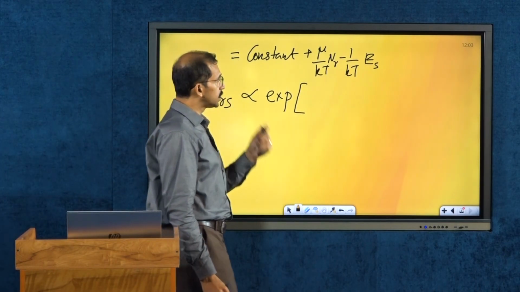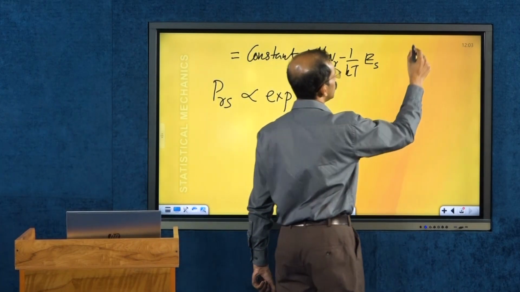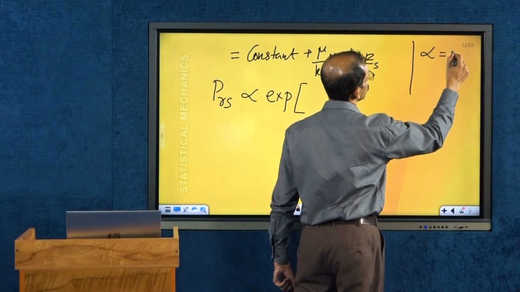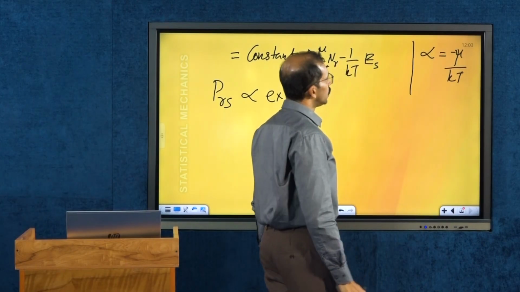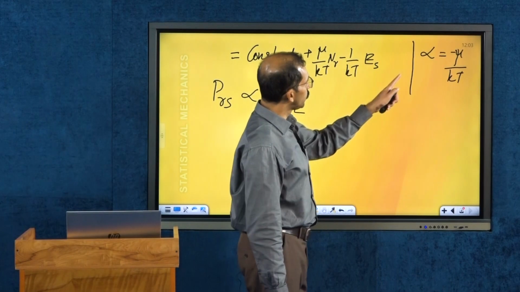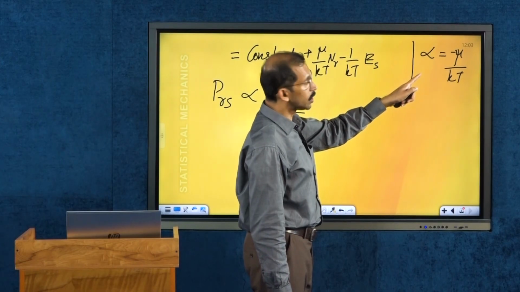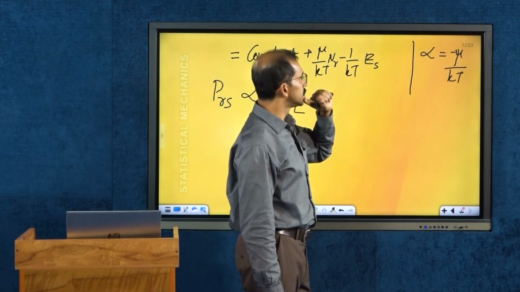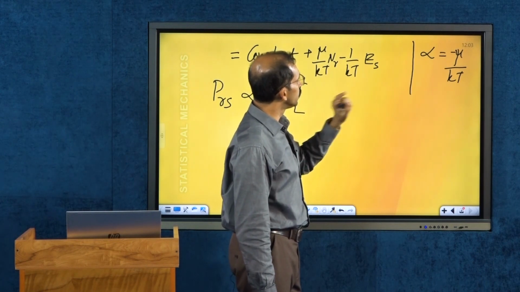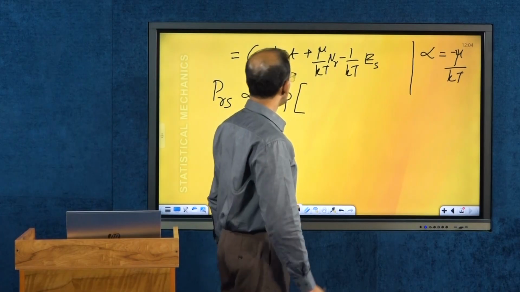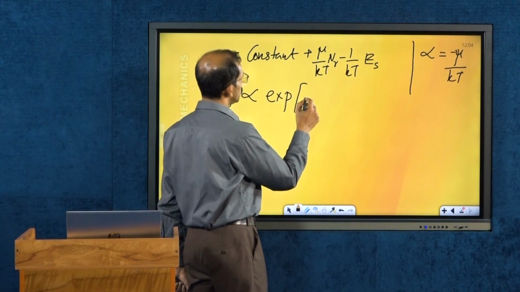Alpha is equal to minus mu by kt, which we have discussed in one of the initial episodes, and mu is the chemical potential of the system. There I have explained what the chemical potential means.